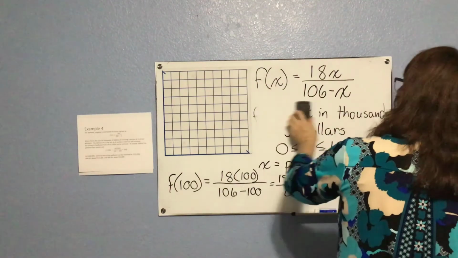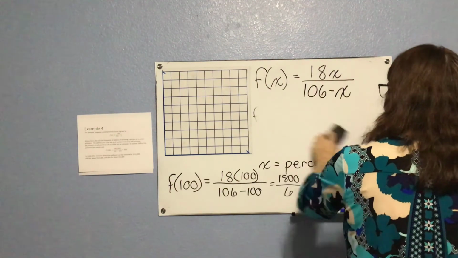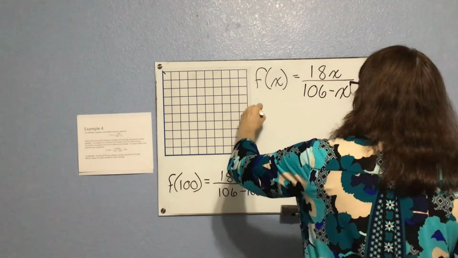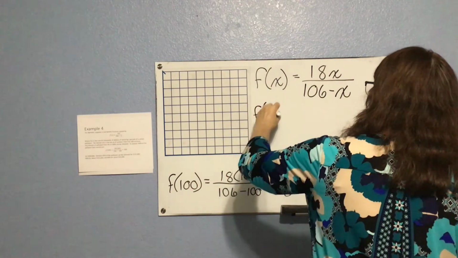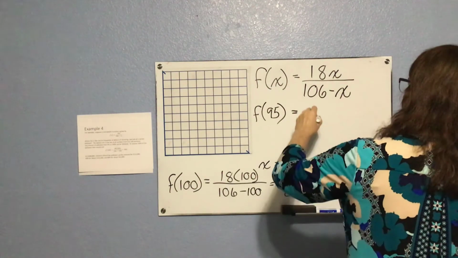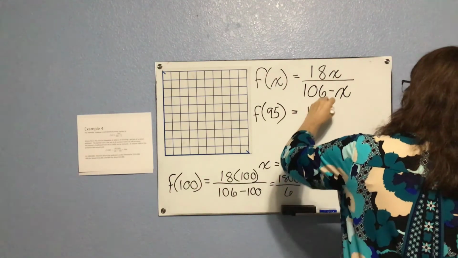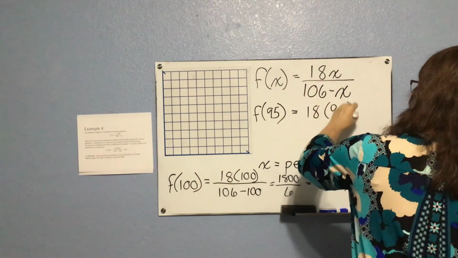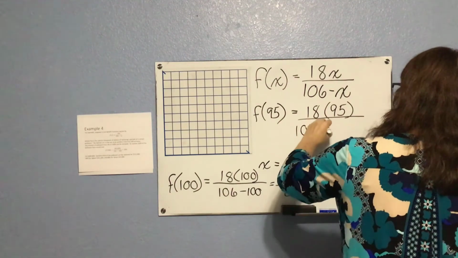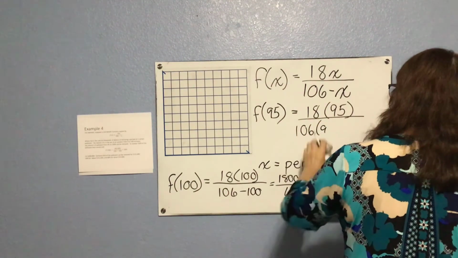So let's say, well, I don't really have $300,000. Could I get away with doing 95% of the pollutants removed? So now I'm going to have 18 times 95 over 106 minus 95.